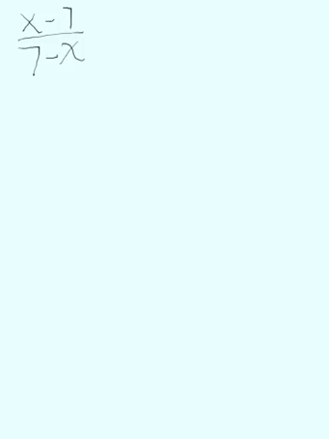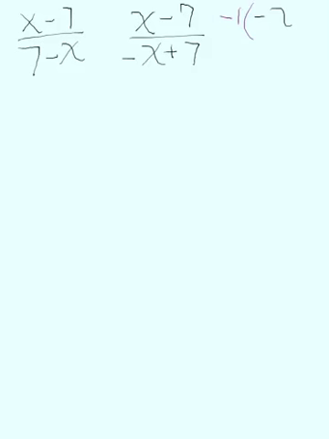If I were to rewrite this like this, keeping the signs with them, it's a little bit easier to see that they're not the same thing. What you do in this case is on the top, we're going to factor out a negative 1. And when you factor out a negative 1, it changes the signs.